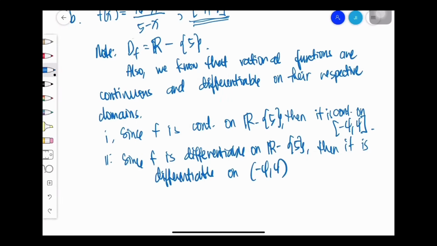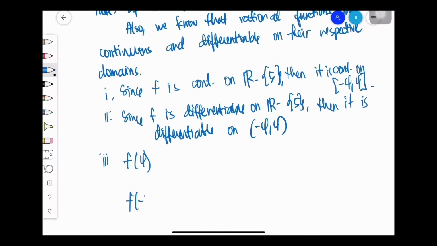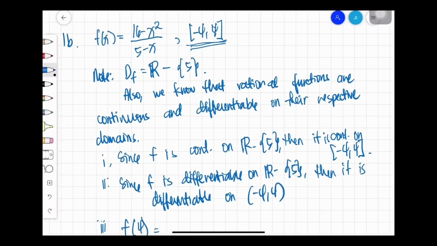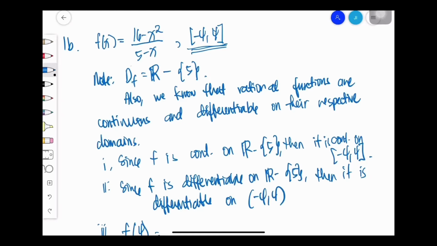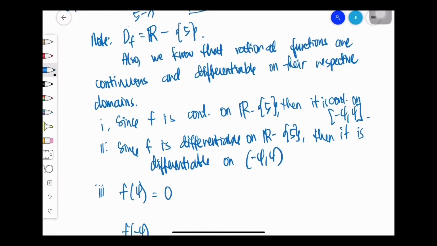Okay, so we're done with two things. The last thing we need to determine is if the function values at both endpoints are the same. Let's check. What is f of 4 and f of -4? Upon substitution, f of 4 is 16 minus 16 over 1, or it is just 0.